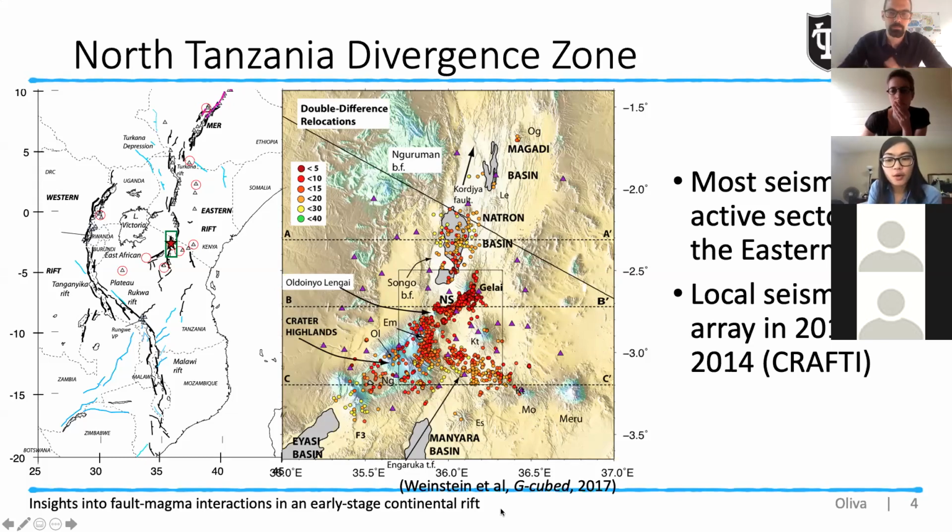This is the most seismically active sector of the Eastern Rift. As you can see here are double difference earthquake locations from a local seismic array deployed there in 2013 to 2014. And this temporary local array enabled us to study the area in detail.